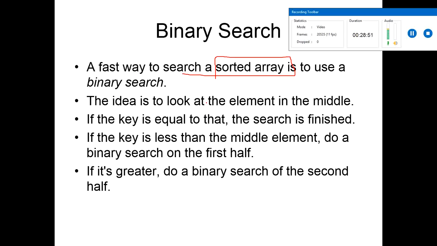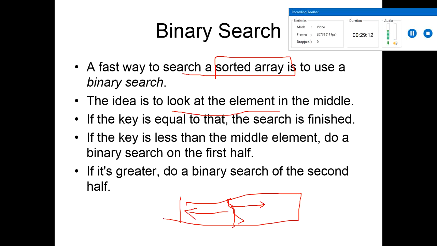The idea behind the binary search algorithm is to look at the element in the middle. Because my array is sorted, the elements towards the right of the middle element will be higher, and the elements towards the left of the middle element will be lower than this.